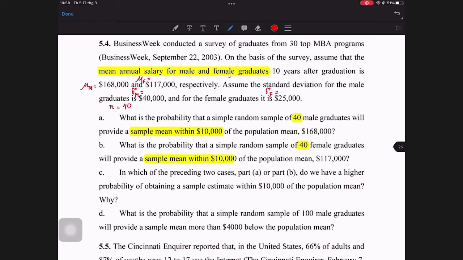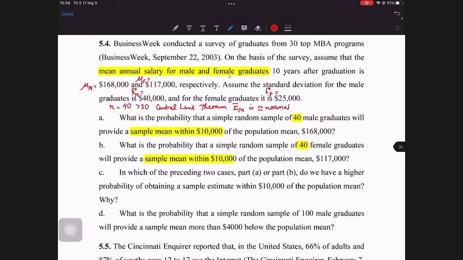n equal to 40 is greater than 30. So according to the central limit theorem, the x bar for male here is approximately normal. Remember that you have to prove that x bar is normal in order for us to use the z value.